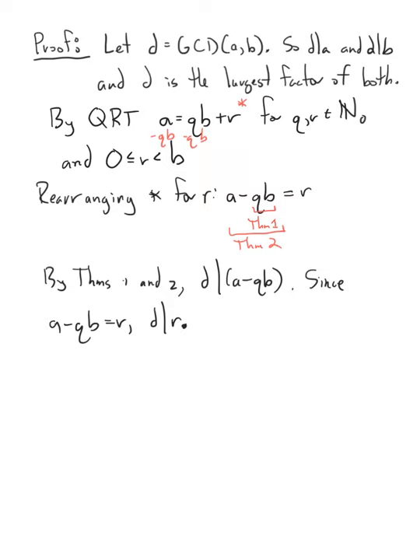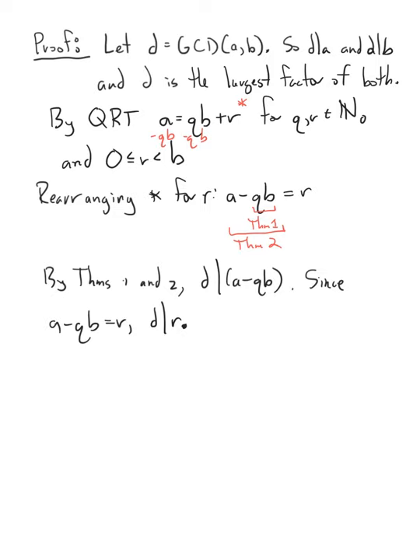Well, since D is a factor of R and D is a factor of B, because remember, D was the greatest common factor of A and B, so it's a factor of both, and we know D can't be any bigger. If there was a bigger factor of B and R, then it would also be a factor of A, since you could use Theorem 2 here.